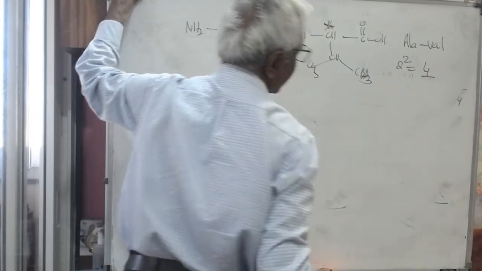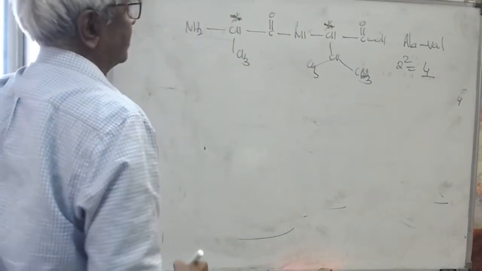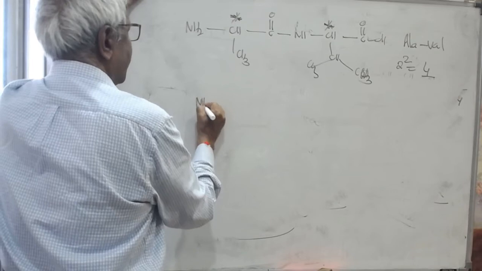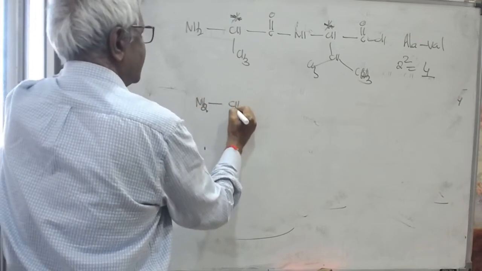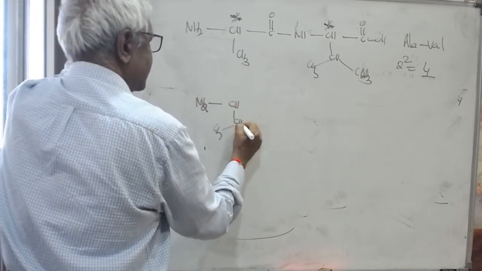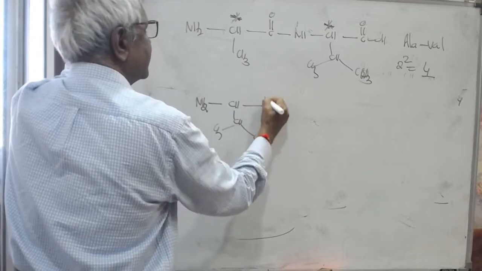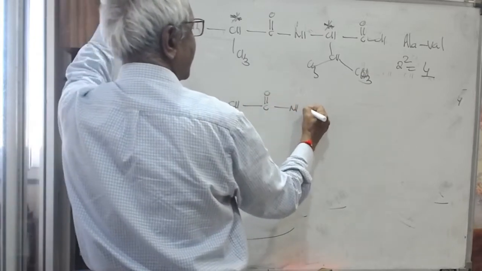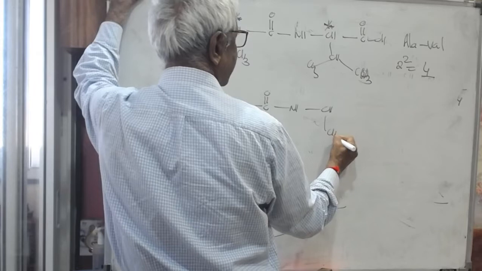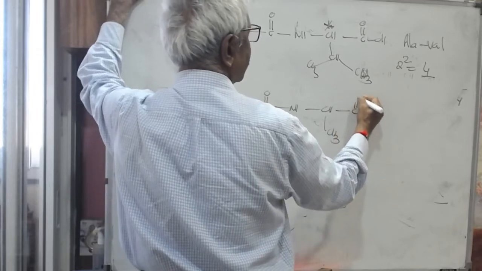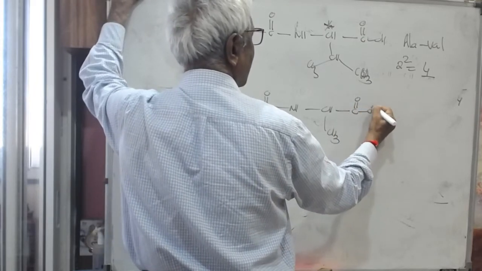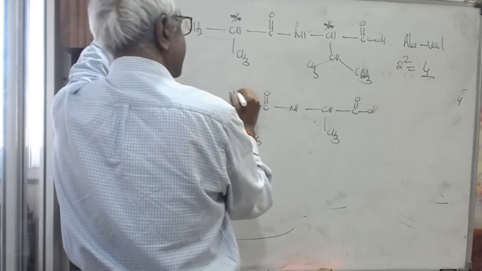Therefore, how many are there? 4. Now, next NH2, CH, CH, CH3, CH3, CO, NH, CH, CH3, COOH. Here one asymmetric center.